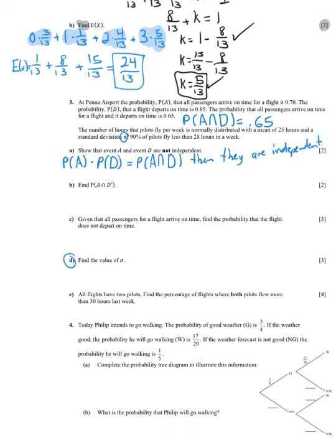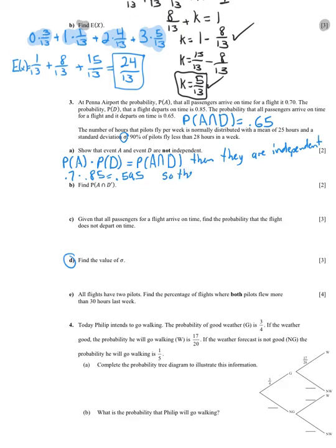So that one just goes back to they're independent if their probabilities multiplied together equal the same thing. So 0.7 times 0.85 equals 0.595.